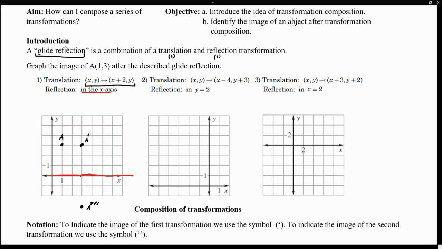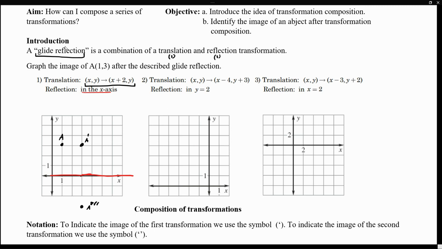Notice that this point down here is the product of performing two transformations. My first transformation was a translation, and then I reflected. So this point is the product of two transformations, and therefore it should have the notation A prime prime. And again, composition is just the idea of performing more than one transformation on an object.